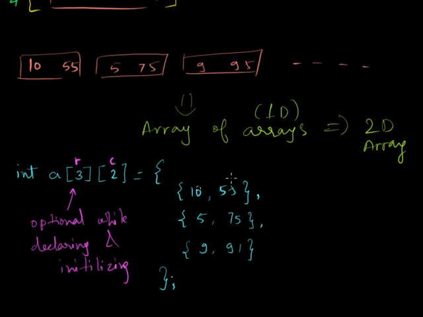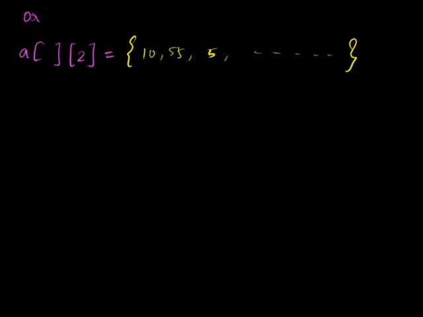Okay, another way of declaring and initializing an array is like this. Let's leave the rows optional this time. So array a2 is equal to, then straight away initialize the elements like a 1D array, and so on.